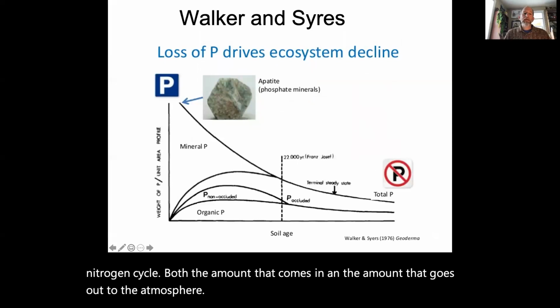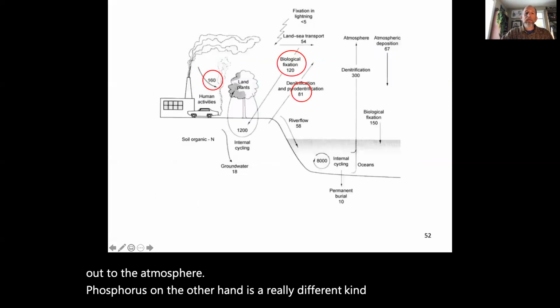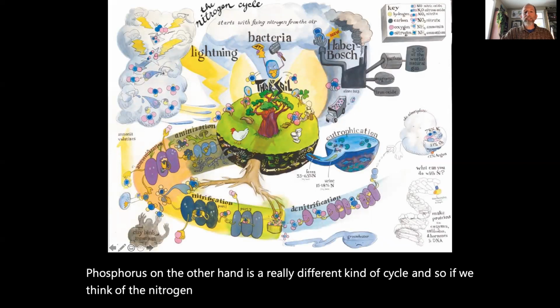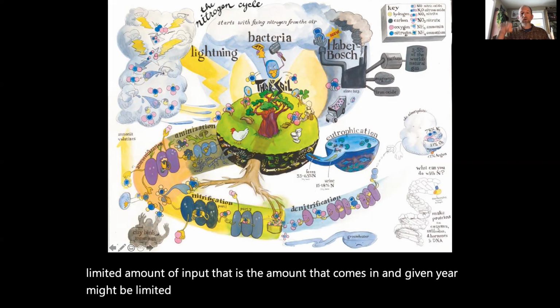Phosphorus, on the other hand, is a really different kind of cycle. If we think of the nitrogen cycle in all its complexity as having a really limited amount of input, that is, the amount that comes in any given year might be limited, and it cycles internally and then goes back up into the atmosphere.